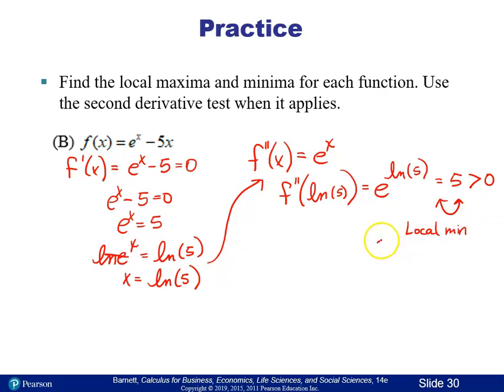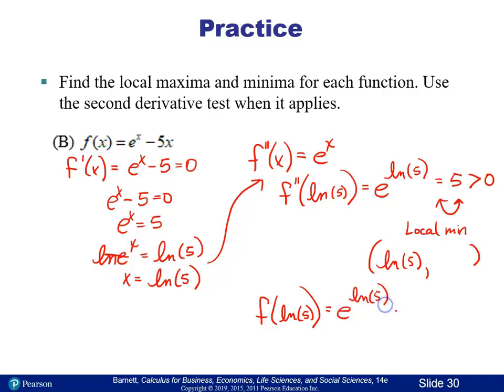And for that local minimum, the x coordinate would be the natural log of 5. And if you wanted your y coordinate, you would just plug it back into the original function. These get a little messy, but they're not terrible. Okay, so here those would cancel and we would have 5 minus 5 natural log of 5.